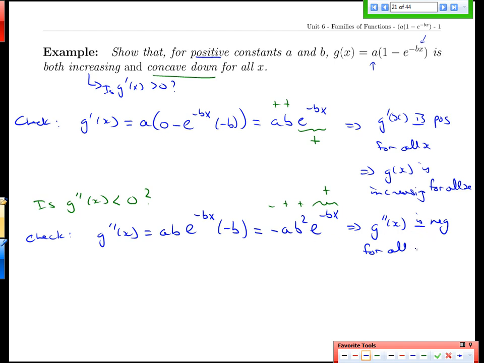So overall it's going to be negative for all x, and that means g of x is concave down for all x. And so every member of this family is going to have that same shape to it. It's going to be increasing and concave down.